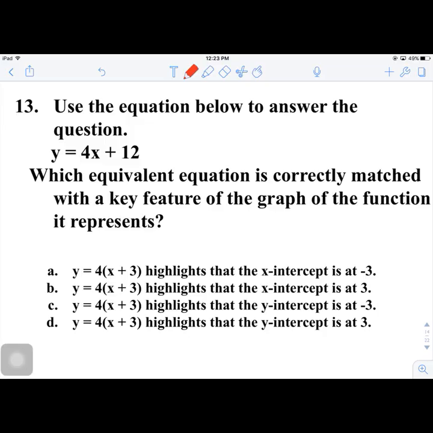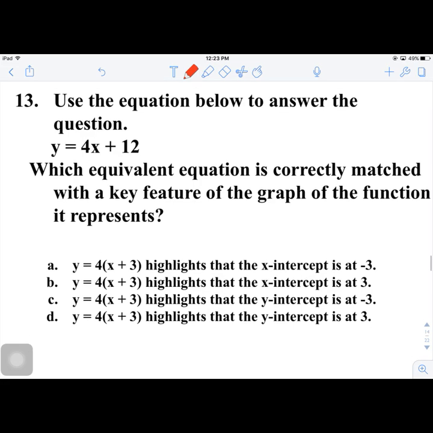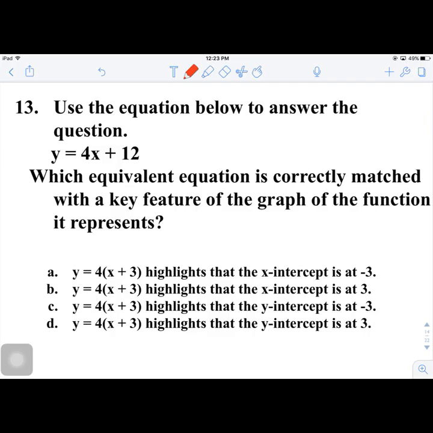Use the question below to answer. y equals 4x plus 12. Which equivalent equation is correctly matched with a key feature of the graph of the function it represents? Looking at the answer choices, A highlights that the x-intercept is at -3.